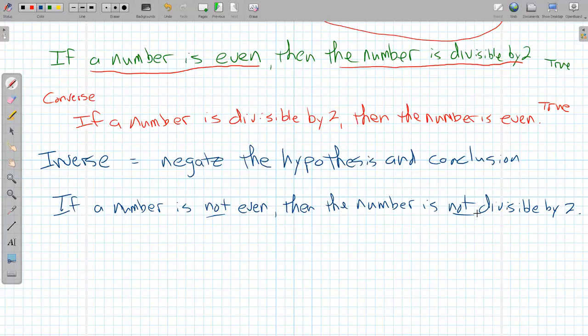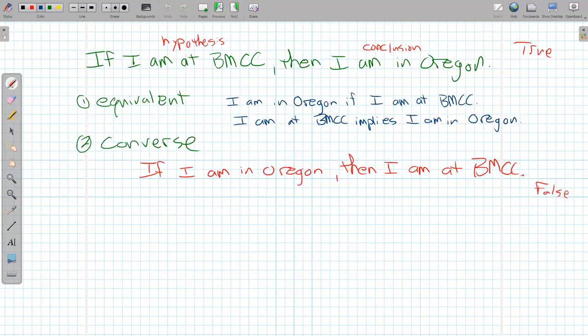All right, so with that in mind, let's do a negation of the BMCC Oregon one. So I'm going to go back a page, and this is more writing than we usually do, so if you need more time to write something down, just say, slow down. So if I'm at BMCC, then I'm in Oregon, so that was the original statement. So we're going to add a third part to this. Can we write the inverse?